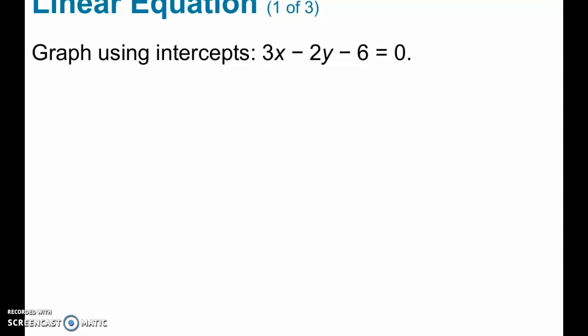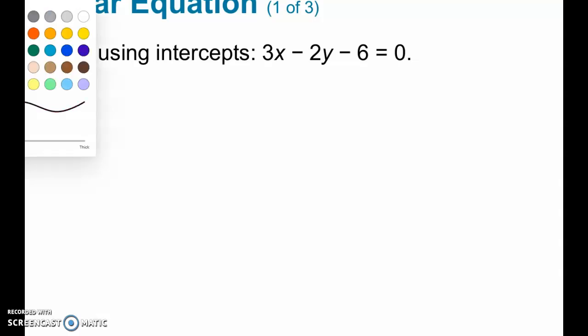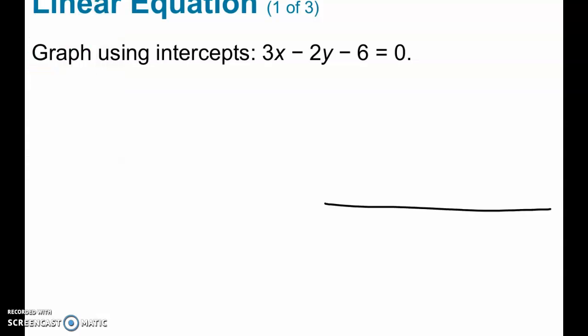So here we have a problem where it says, here is our line, and we want to graph it. So let's draw our XY plane. Let's label it. Here's my y-axis here, my x-axis here.